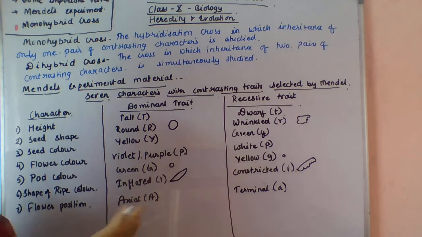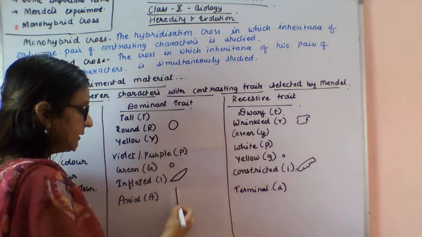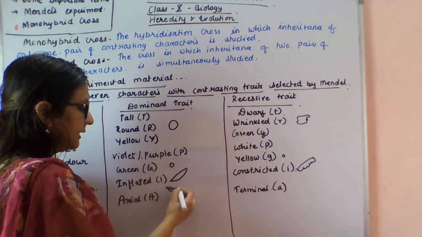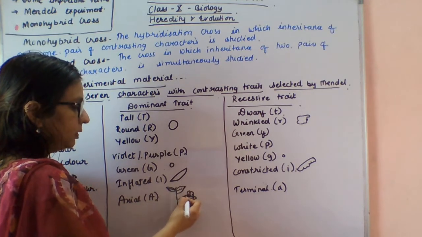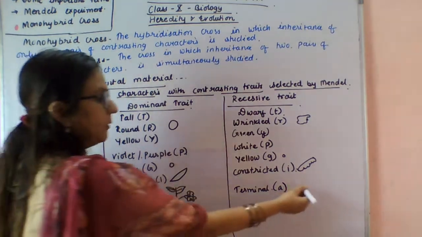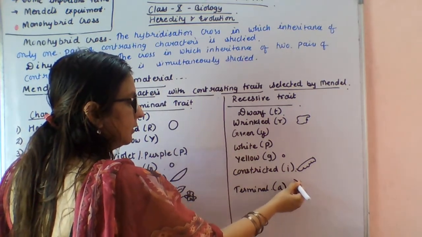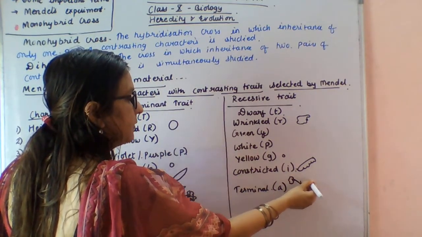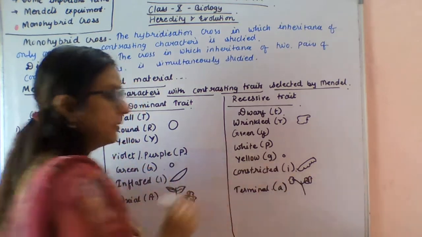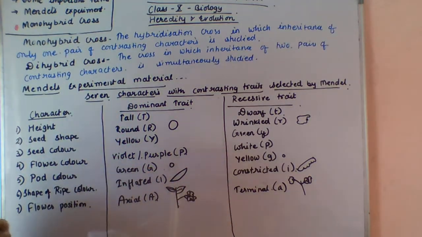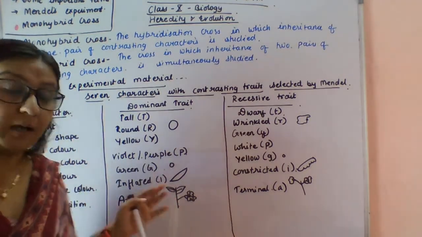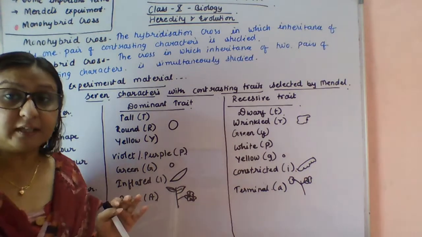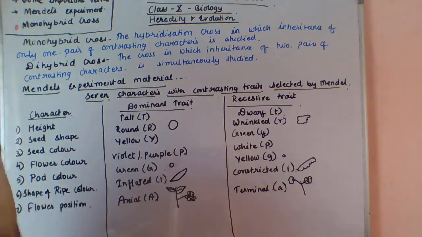Flower position: this is axial and this is terminal. Axial means, see, this is the leaves and here the flower is there, in the middle axial position, and terminal means the flowers are present at the terminal position. Okay, so these are the seven contrasting characters selected by Mendel.